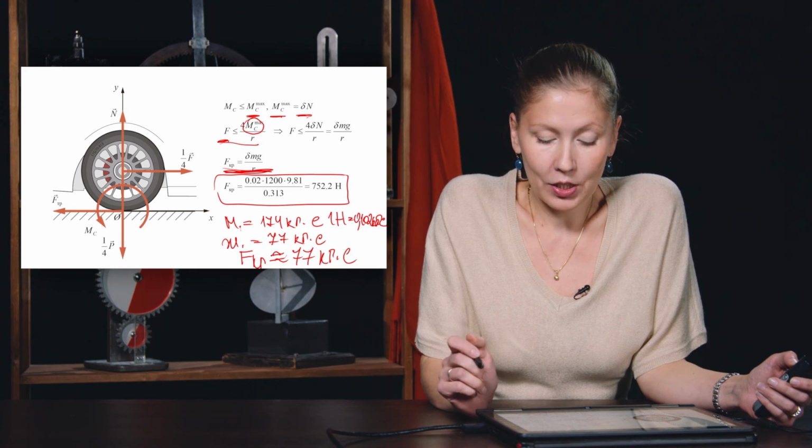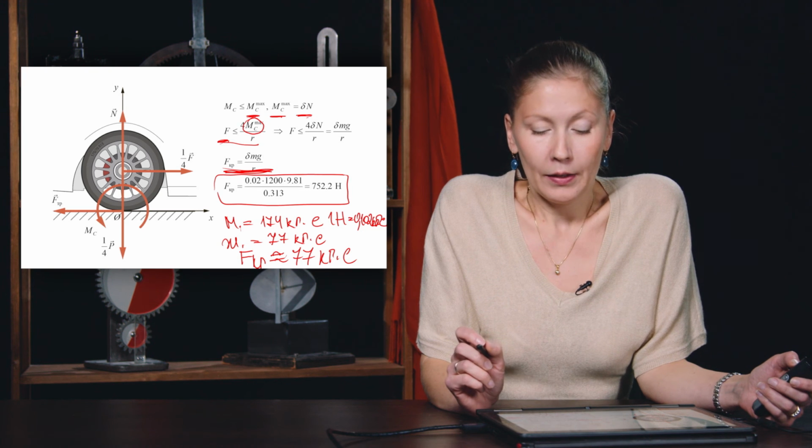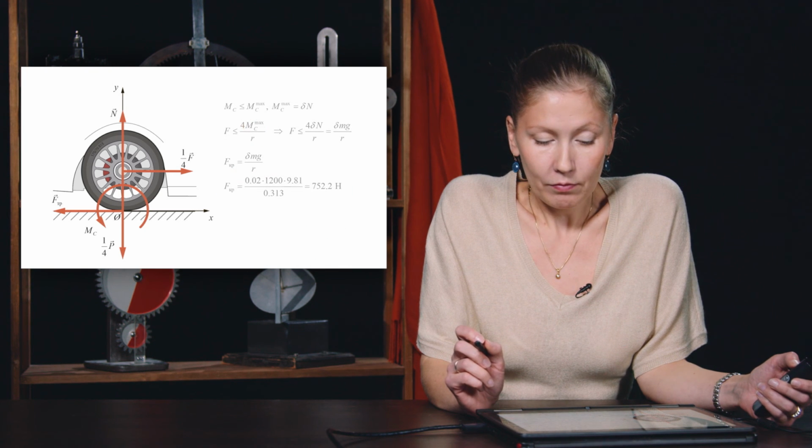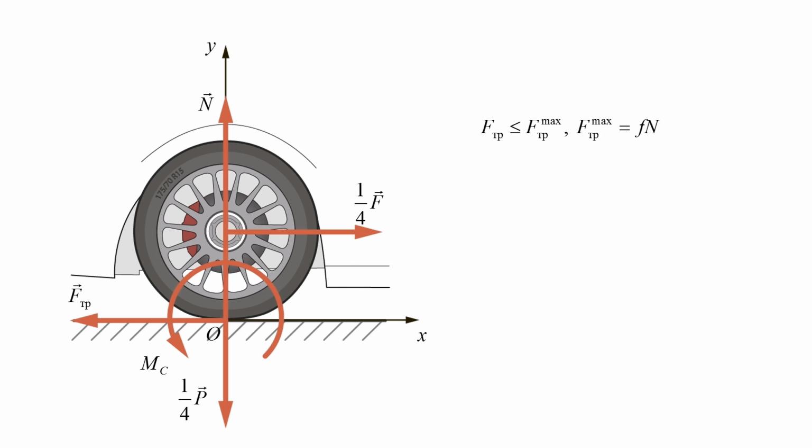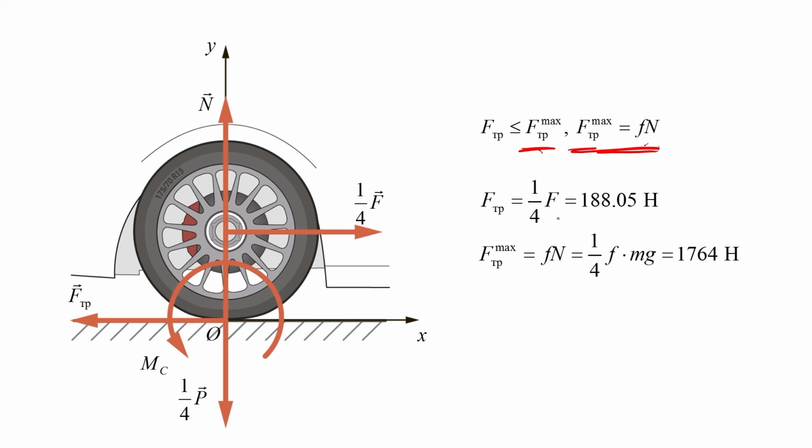However, we are not going to stop here, but rather look closer at the friction force. According to Amontons-Coulomb's laws, the friction force ranges from 0 to a maximal value. The maximal value is equal to the coefficient of sliding friction times the normal reaction. Let us calculate the maximal friction force for the conditions of the given problem.